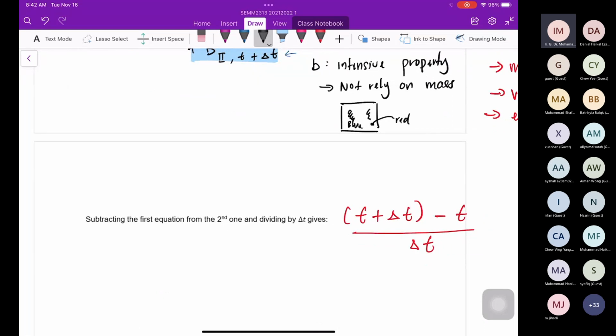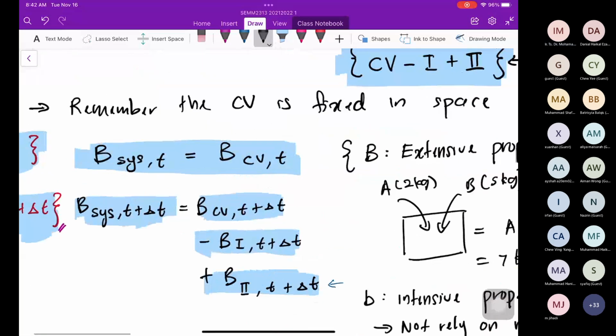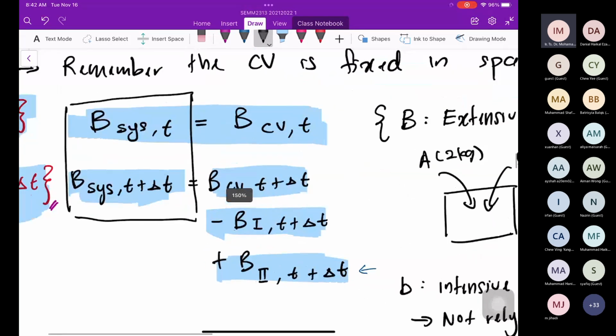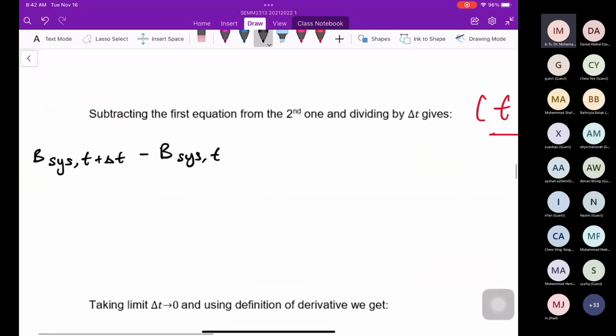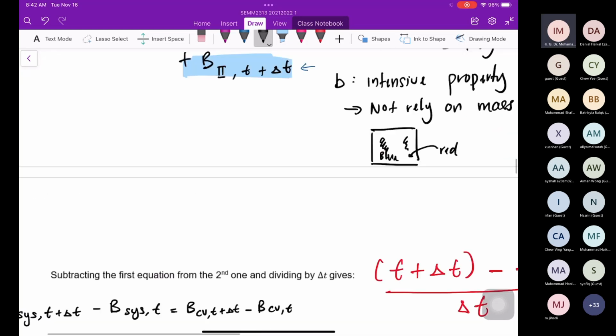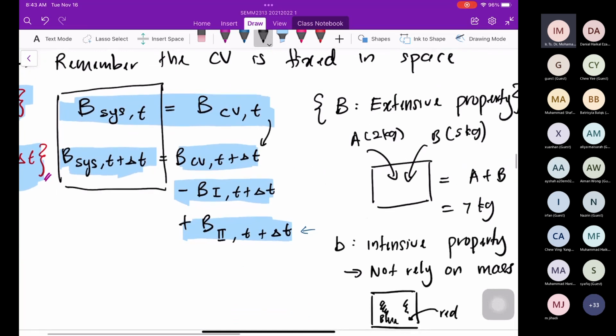So B of the system at t plus delta t minus B of the system at time t, I subtract at the bottom at t, equals B control volume at time t plus delta t minus B CV at time t.